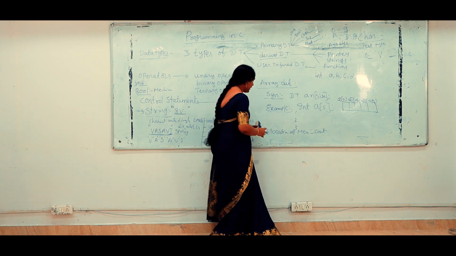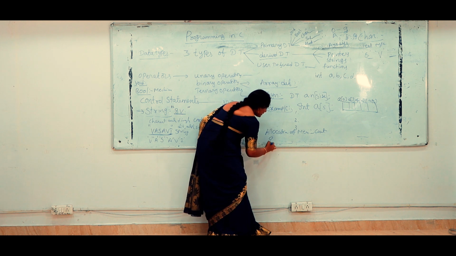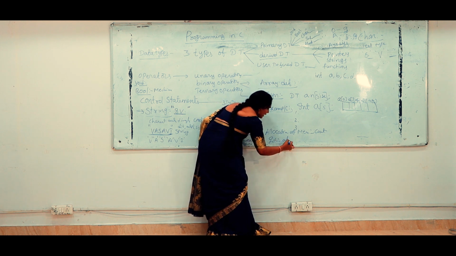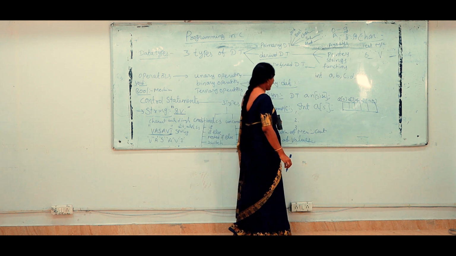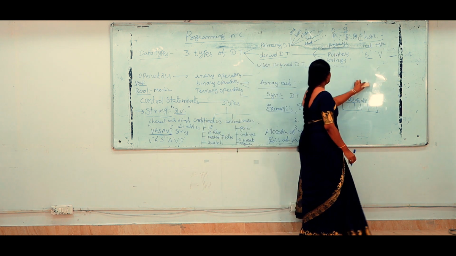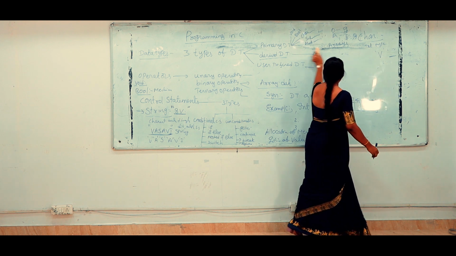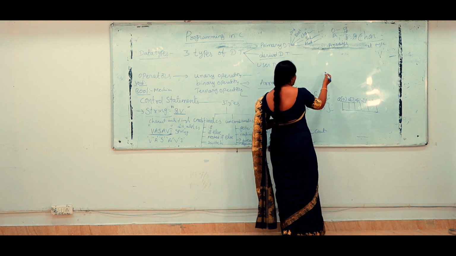The next side heading is initialization of the values. How can we initialize the values into the array? Just now I explained how we can initialize the values into the array.